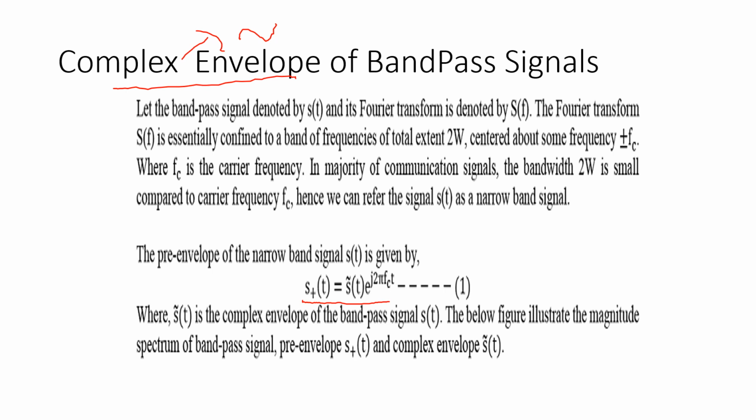Now s tilde of t is the complex envelope of the bandpass signal s of t, and this can also be written as s tilde of t equal to s plus of t times the complex exponential e to the power of minus j 2 pi f c t.